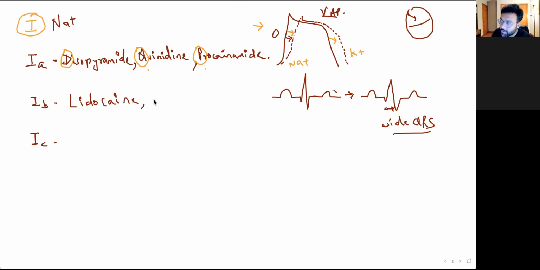I do remember phenytoin is also in class 1B, but we no longer use that as an antiarrhythmic. But it does have the property of sodium channel blocking. So very good, Tamara. And we also have one more. Lidocaine, phenytoin. What else? There's one more, mexiletine, but let me omit that. I'm not going to write that down.